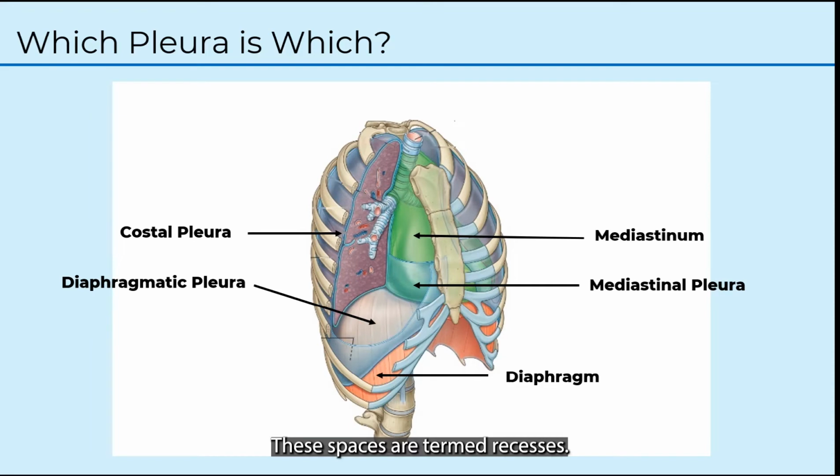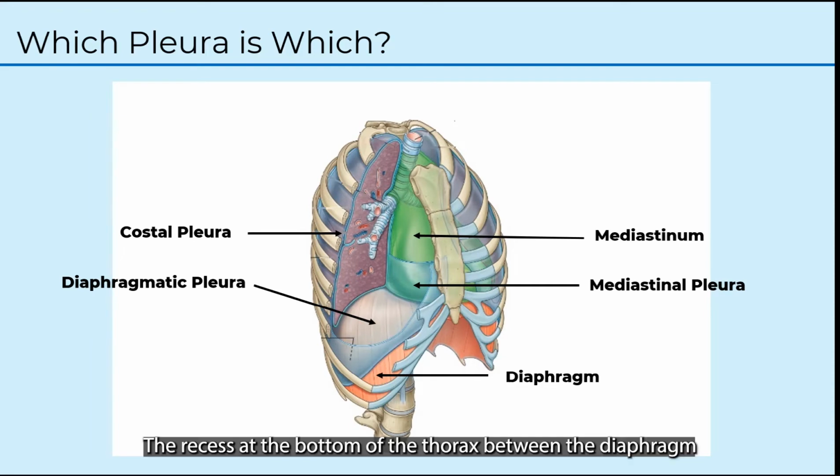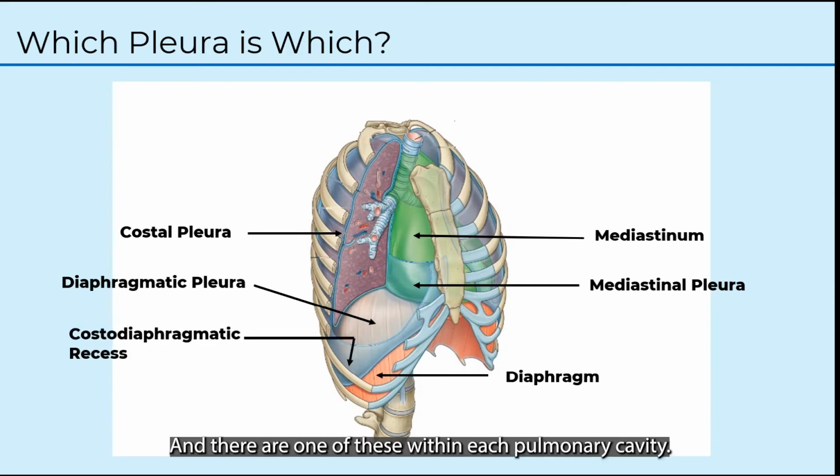These spaces are termed recesses. The recess at the bottom of the thorax between the diaphragm and the ribs is called the costodiaphragmatic recess, and there is one of these within each pulmonary cavity. What is not visible on this image is another recess, called the costomediastinal recess, between the ribs and the heart.